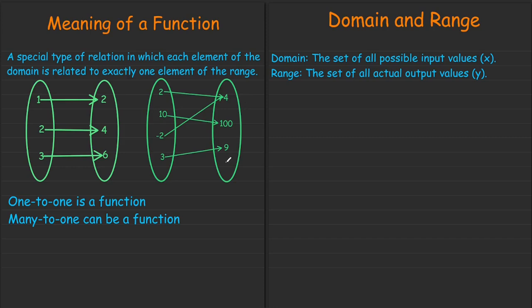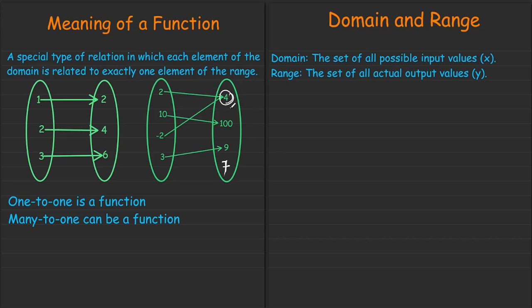So sometimes you might have more elements here. Let me put 7 here, which is in the codomain but does not have an arrow pointing to it from the domain. Hence, it is not part of the range. So we say the range is only the set of all actual output values that are in the codomain.